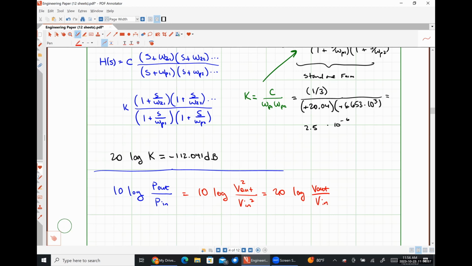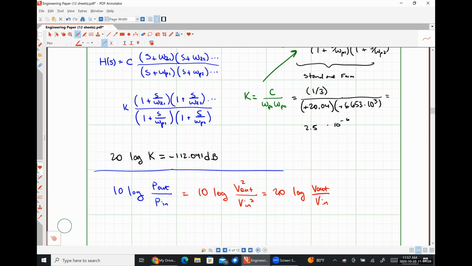So when we're dealing with a ratio of voltages, to get our answer in decibels, we use a factor of 20 out front. When we're dealing with powers, we use a factor of 10 out front. Because power is proportional to voltage squared. You look incredulous, but that's literally how it works. I don't fault you for your incredulousness, given how today has gone thus far.